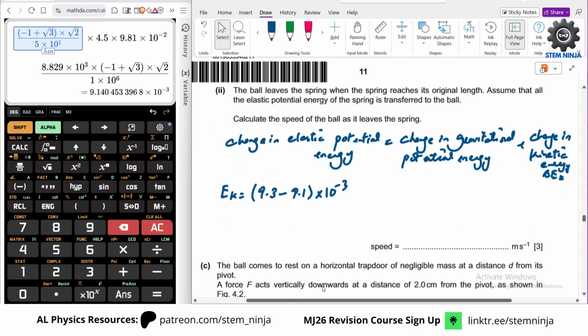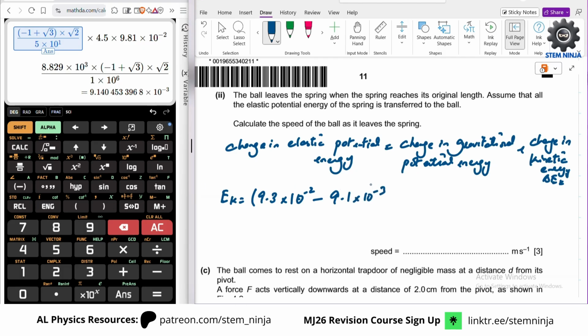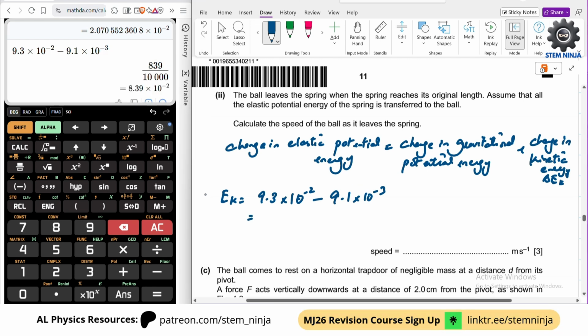So 9.3 times 10 raised to the power minus 2 minus 9.1 times 10 raised to the power minus 3. We get 8.39 times 10 raised to the power minus 2 joules.